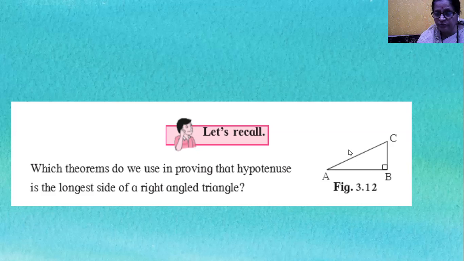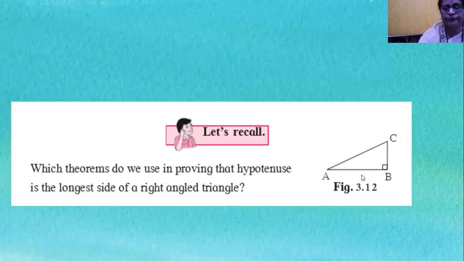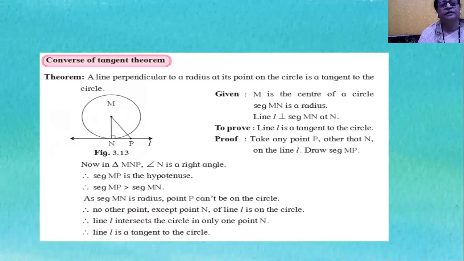Which theorem will you use? You say that angle B is 90 degrees. Then the addition of these two will be 90, so it is a larger angle. Therefore, this line is larger than any other of these two.